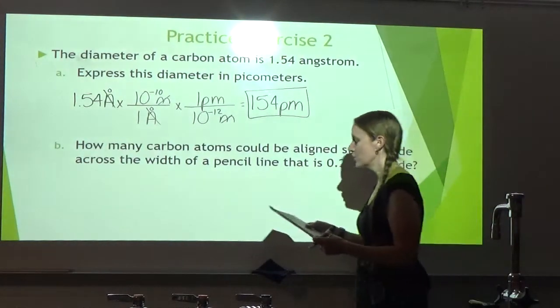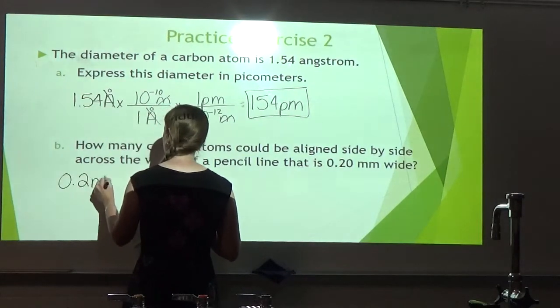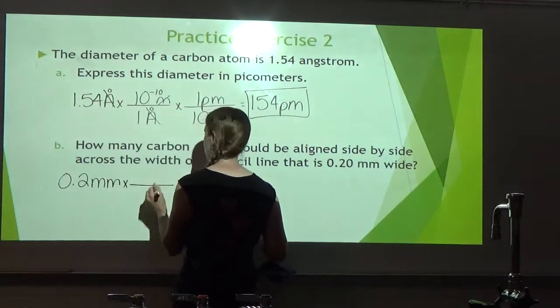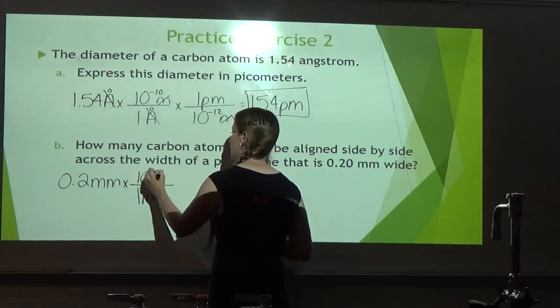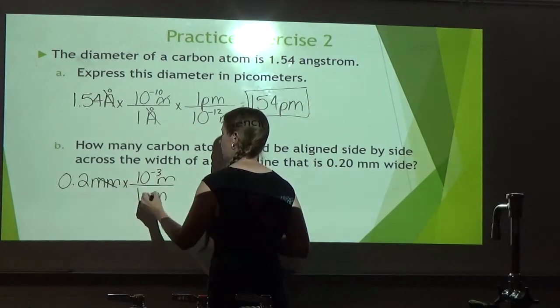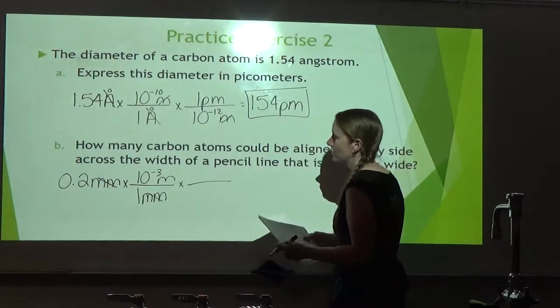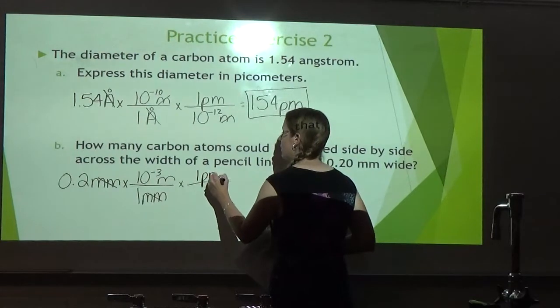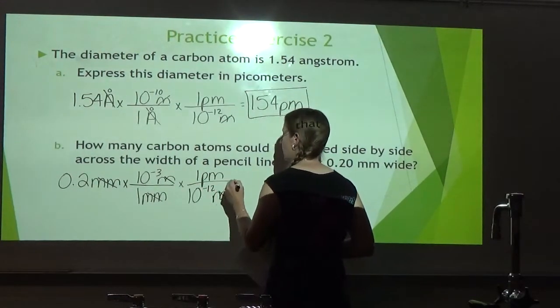So what I chose to do was change my millimeters. I started with 0.2 millimeters, and I know that 1 millimeter is 10 to the negative 3 meters. And then I went to picometers. So I said 1 picometer is 10 to the negative 12 meters.